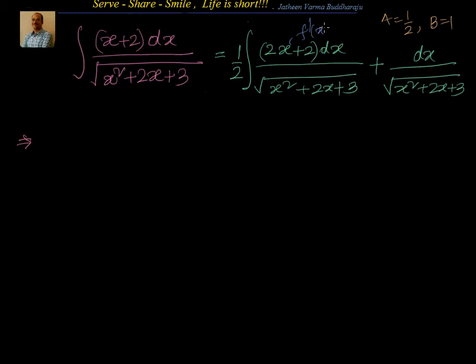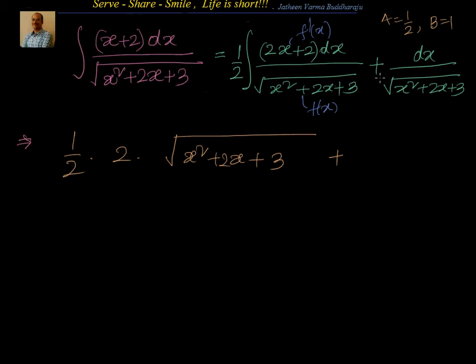Now this is f dash x and we have here root of f of x. The integral of f dash x by root of f of x, we know, is nothing but 2 root f x. So I can say half into 2 into root of x square plus 2x plus 3, plus the integral of dx by root of x square plus 2x plus 3.